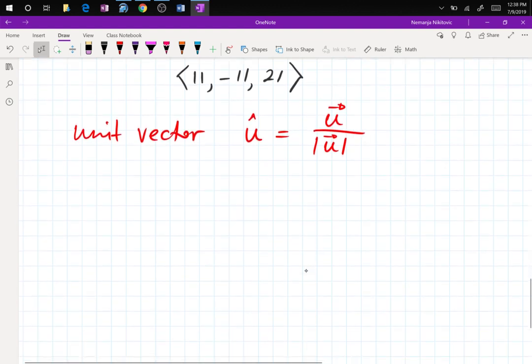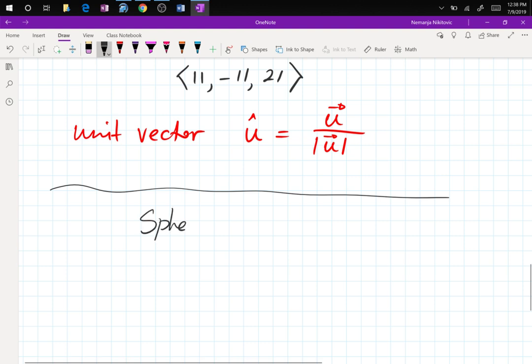And now they have the introductory talk about planes, and there is also introductory talk about surfaces, because they give you the equation of the sphere. Later on we're going to have ellipsoid and a whole bunch of other things get into our course. Now, sphere, which is a ball.